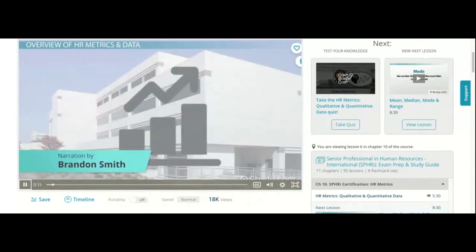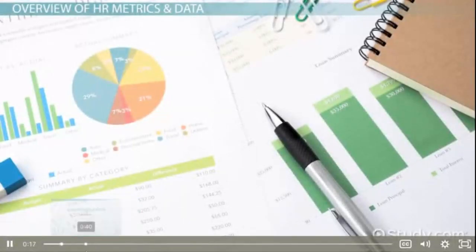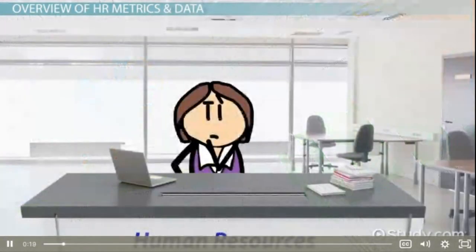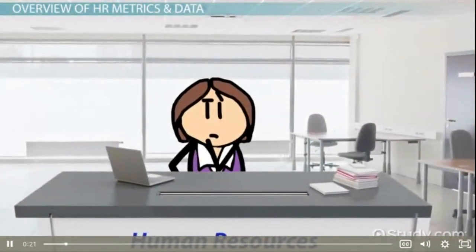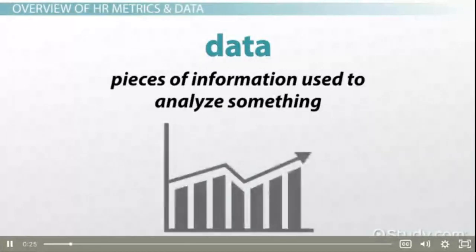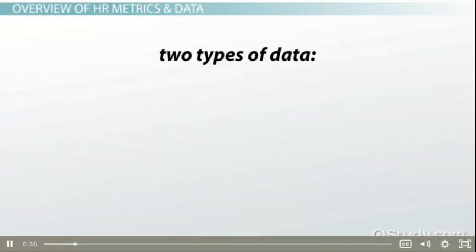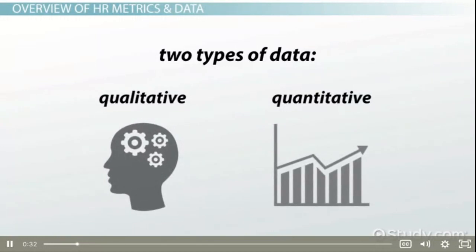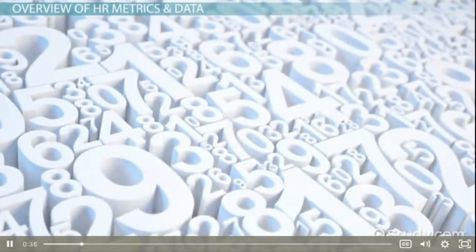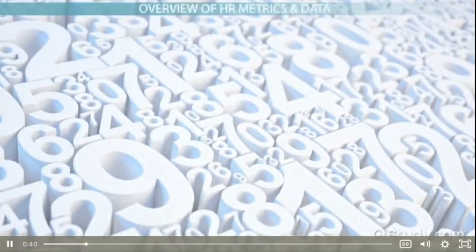Often decisions are made based on how much or how little profit a company makes. However, HR data are vital resources in making management decisions and can provide a wider picture of why, how, and when employees do certain things. Data are pieces of information used to analyze something. Two types of data used in workforce analysis are qualitative and quantitative data. Although there are several differences, the most apparent difference is that quantitative data involves numbers.